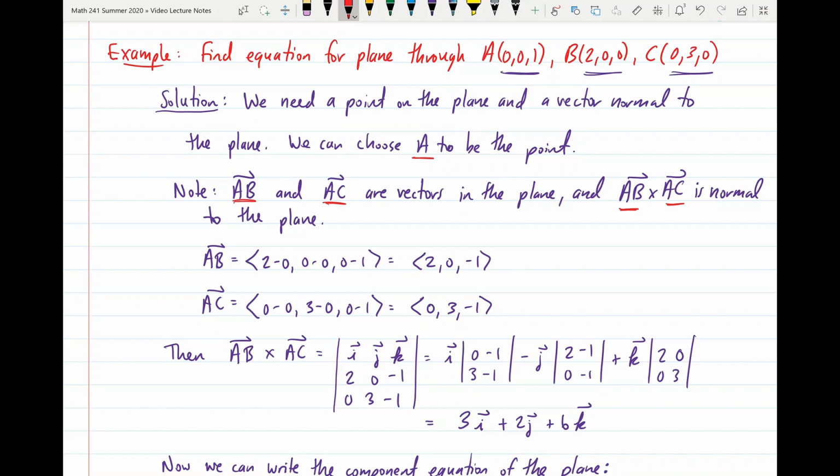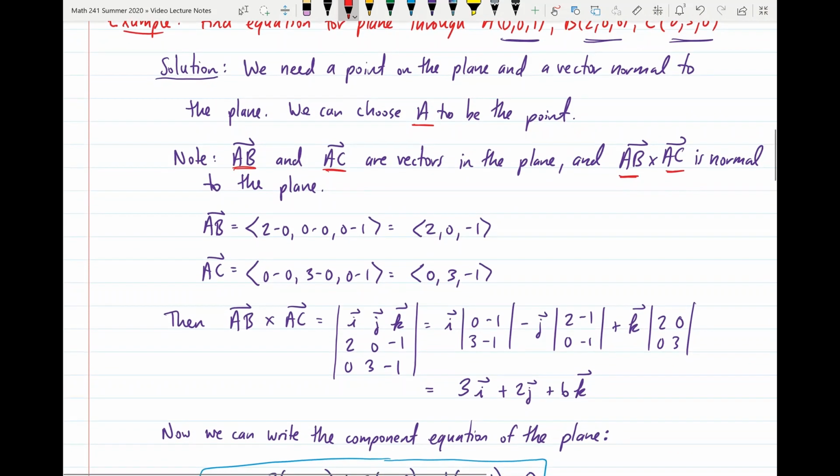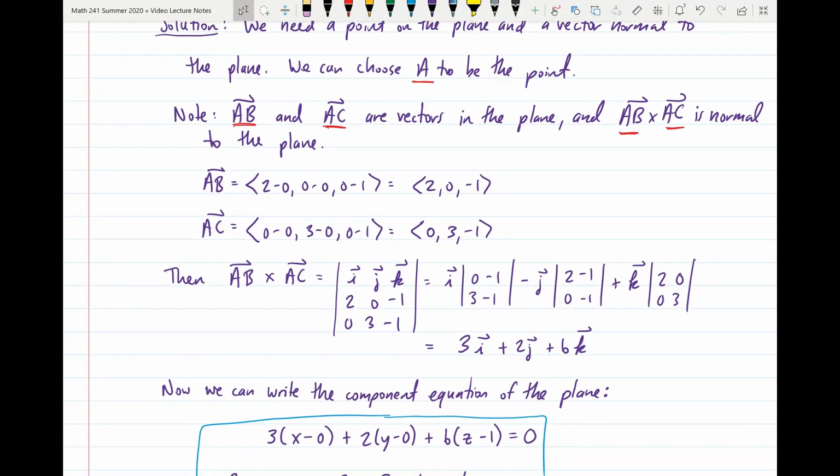So if we can find that cross product, that'll give us the second piece of the puzzle here, the normal vector that we need. So first we're going to write the vector from A to B in component form, and we find that it is equal to 2, 0, minus 1. And we can also write AC in component form, and we find that that is equal to 0, 3, minus 1.